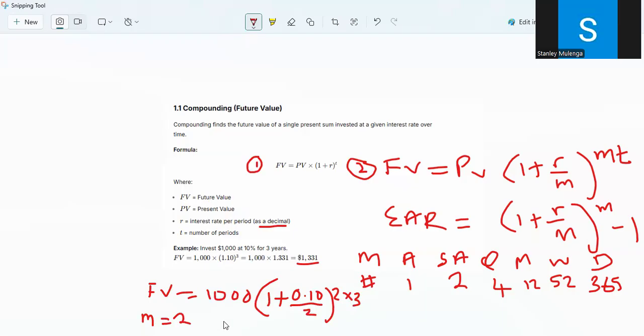So our future value therefore will be 1,000 open brackets 1.05 to the power what? The power 6. So the more we compound, the higher the value. So what are we getting here as our future value if compounded semi-annually? Always have calculators nearby.